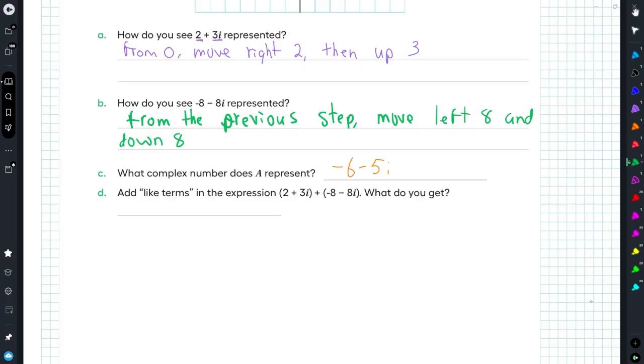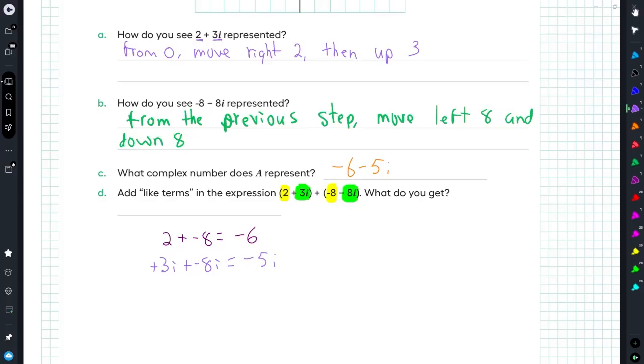So like terms, we're going to add our real parts together and add our imaginary parts together. So 2 plus negative 8 is negative 6, and positive 3i plus negative 8i, that is negative 5i.